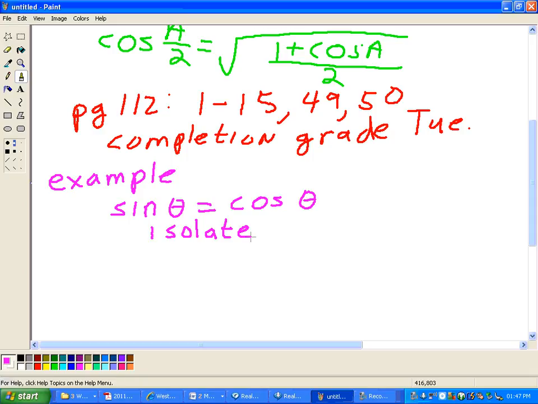When I look at this, I know in the back of my mind that there's a definition for tangent that says if you had a sine over a cosine, that would be a tangent. Tangent would be a nice thing to be able to get because we have tangents built into our calculators. So the step that I'm going to take is to divide both sides by a cosine.